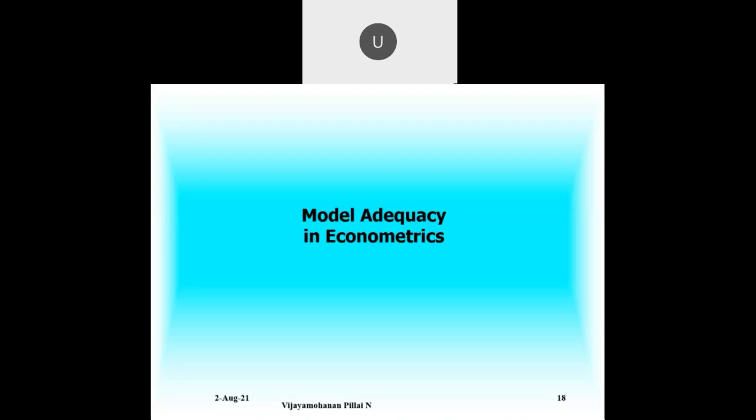Remember, in all these cases, the parameters remain constant. You have the same intercept and the same coefficient for x2, same coefficient for x3, and so on. And it is these parameters that we have to estimate using the sample data.